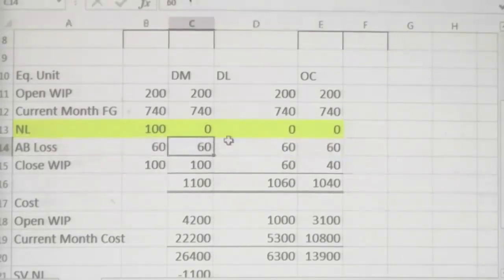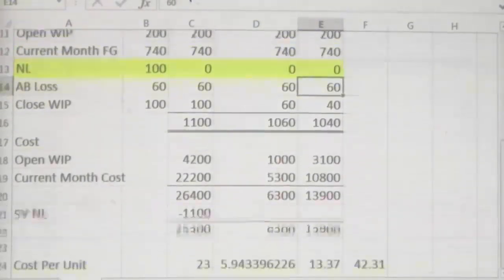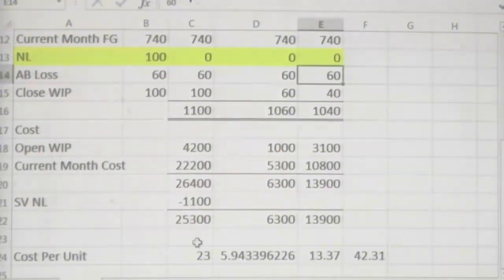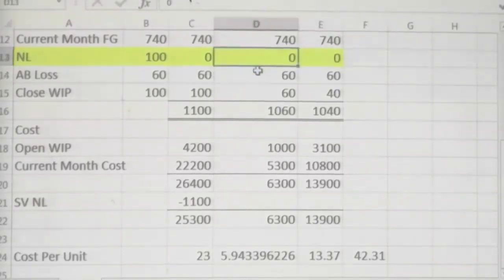Therefore, under each category you can see abnormal loss quantity is 60. Therefore, it is not required to multiply 60 by 23, 60 by 5.9, 60 by 13, because you can take total, since everywhere 60, right? But if this quantity is different due to the place that loss occurred, right, you have to multiply it separately and take the total, right?